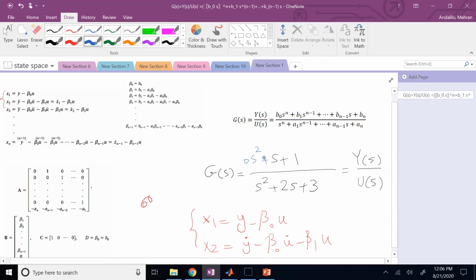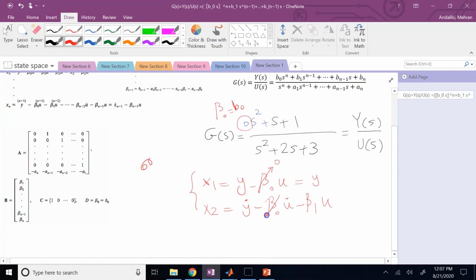There is no matching s squared here, so b naught in your case is 0. Therefore, beta naught is the same as b naught, so this is 0, and your first variable is simply y. That makes life easier.